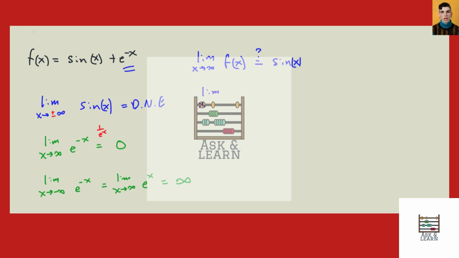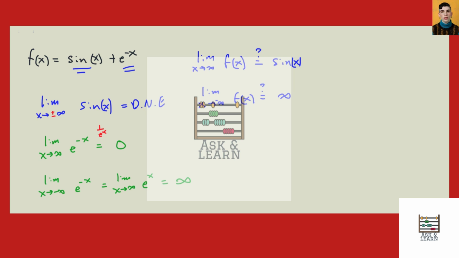And for the limit as x approaches negative infinity of f of x, we would suspect that it would go to positive infinity, since sine of x is just bound between -1 and 1, and e to the negative x goes to infinity.